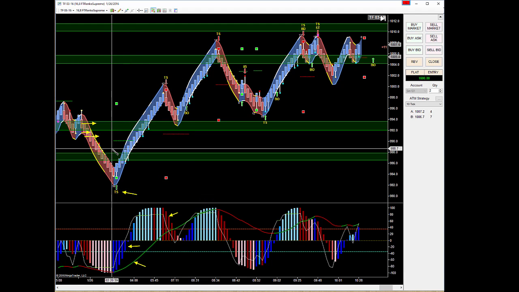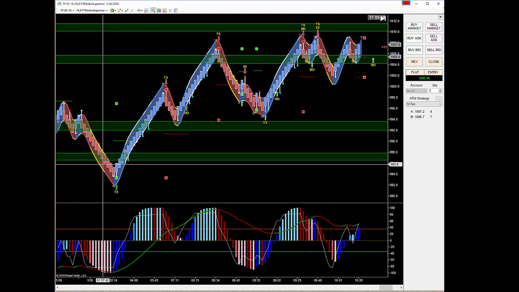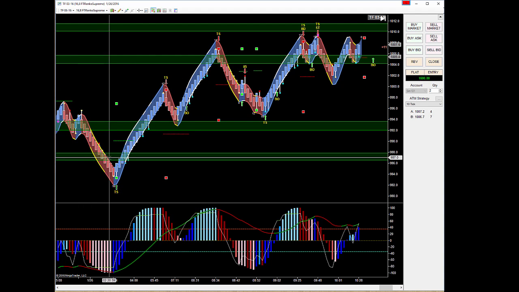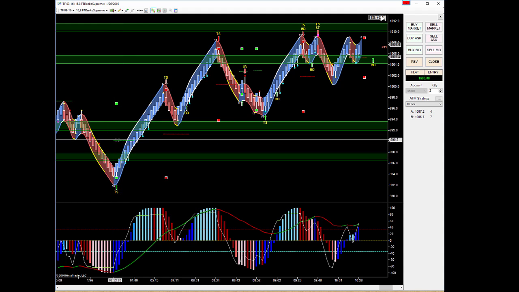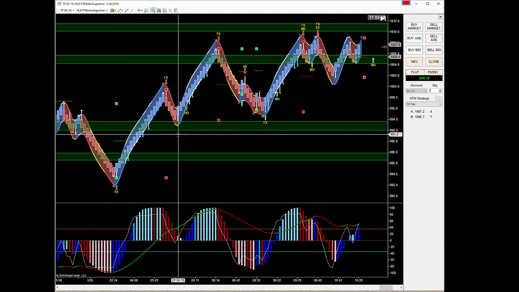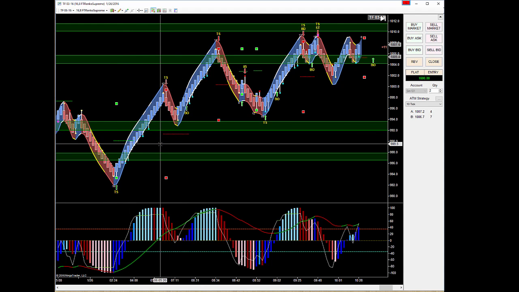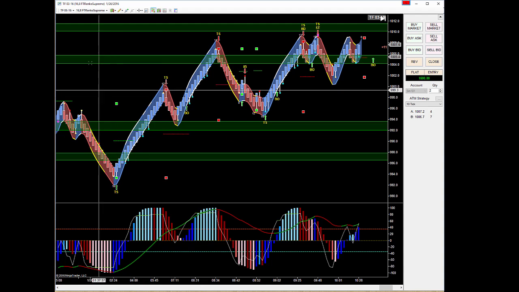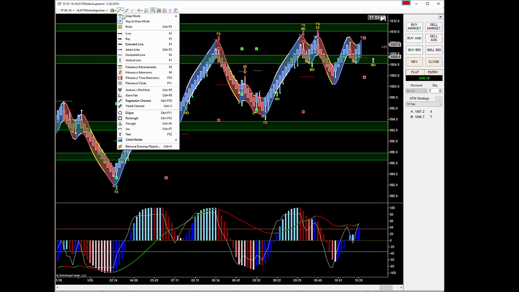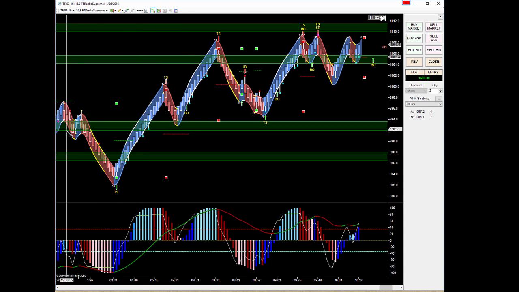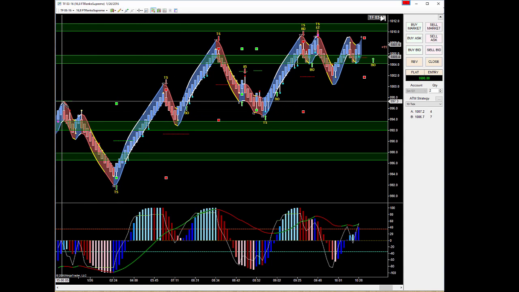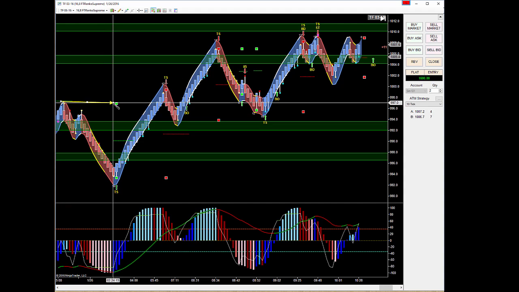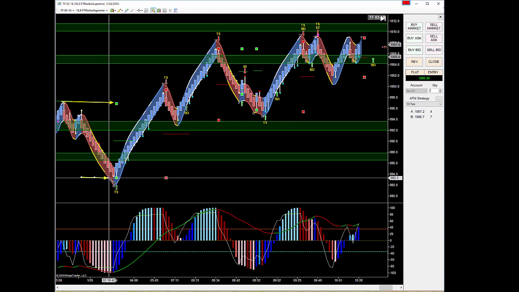Now, what would our target be? In this system, the target will be either one of 2 things. As you can see, these little horizontal dotted lines, green ones and red ones, represent 50% retrace markers. So the retrace, if we look at the distance from, say, up here, that's noted by that little green square, down to this little green square.